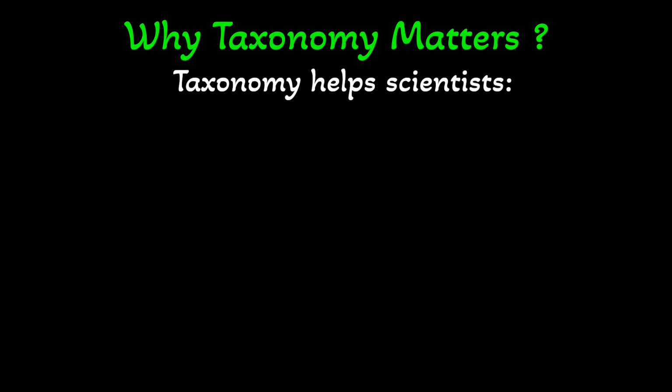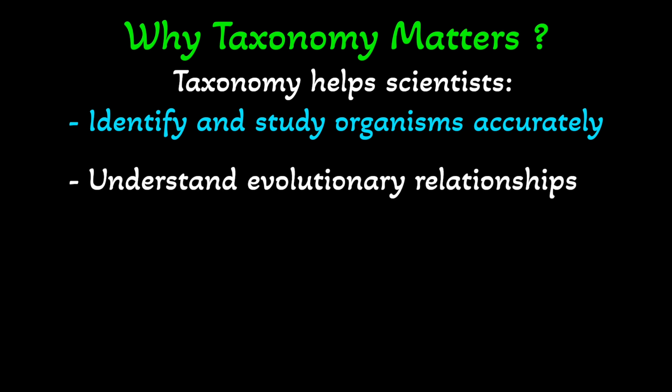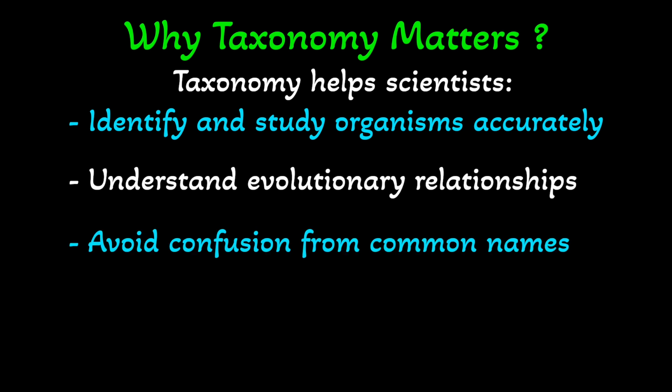Now let's move on to the next topic, which is why taxonomy matters. We already know that it helps in the organization of biodiversity and also sheds light on evolutionary relationships, but let's learn it in points. First, it helps in identifying and studying organisms accurately, with little or no chance of error. Second, as I already told you, understanding evolutionary relationships.